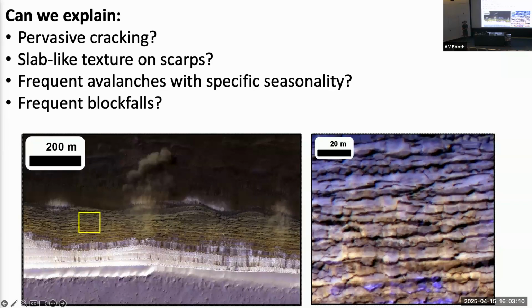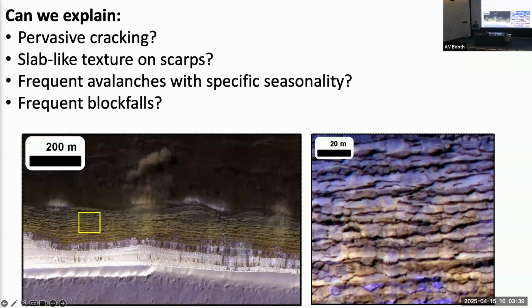We can even see some of the larger sections, up to 70 meters, come off all in one go. We also have these very frequent avalanches that, in a certain time of year with a very specific seasonality, are extremely common. And from those before and after images, we can also make some estimate of the number of block falls that are coming off.